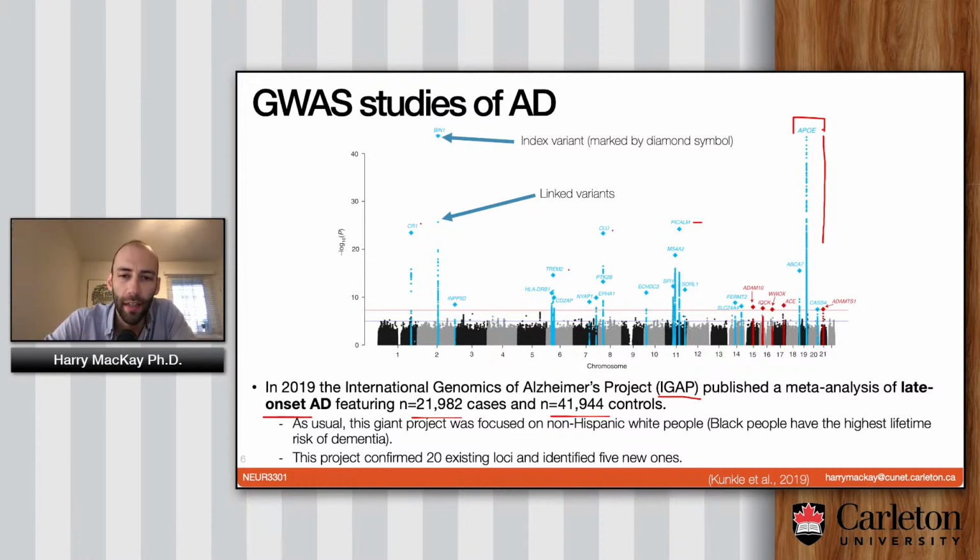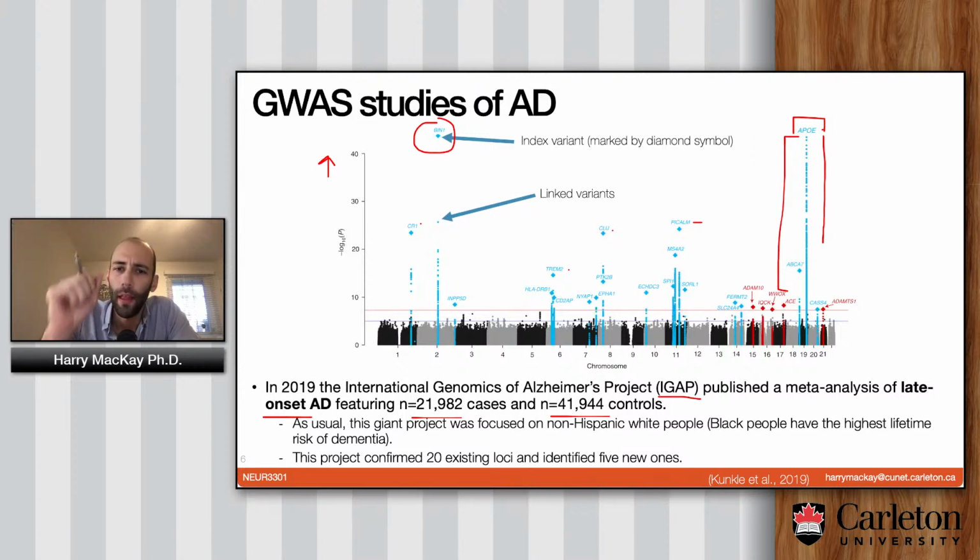Now, why is it that there is an index variant that is the most significantly associated? Remember, the higher it is on the y-axis, the more significant the association. Why is it that there's a highly significant SNP at the very top, but then a whole bunch of other SNPs that are physically very close to that SNP with progressively lower levels of statistical significance? What does that mean?